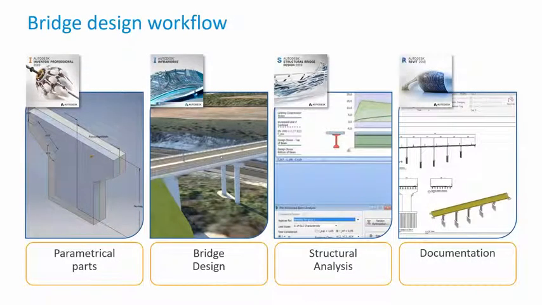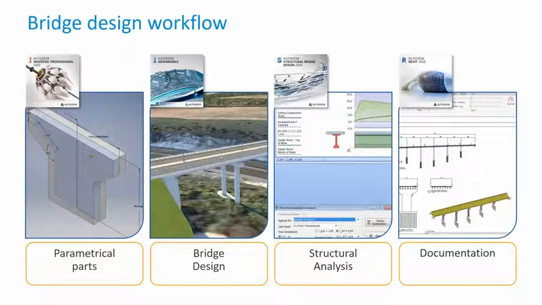So again, let's have a look at what we can use in the bridge workflow. Parametric parts for InfraWorks are made in Inventor, and maybe what I should say is that Inventor is not part of the AEC Collection.